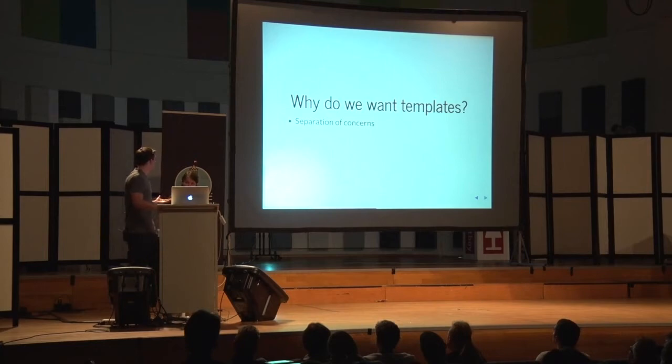And why do we want them? Well, we want to have separation of concerns. We don't want to put styling for a certain button that is only used in a specific slot into the whole web page, which makes up and breaks everything. Another one is it's really clonable. We'll see later how you use templates. You can just clone a template and use it wherever you want in the page.